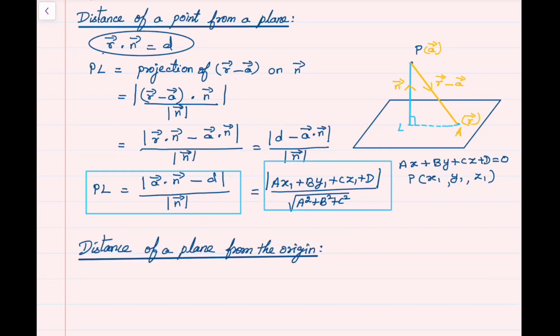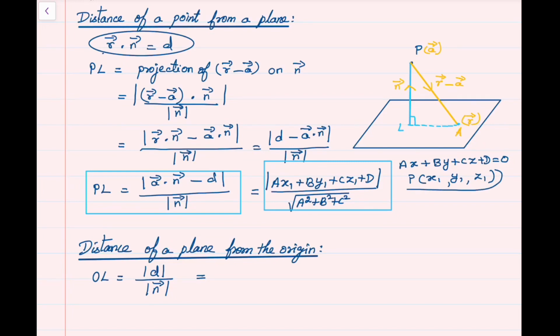Now let us write the formula to find the distance of a plane from the origin. So that will be distance OL. P point is the origin in this case. Vector A will be a 0 vector. So the first term becomes 0. We get modulus of d divided by magnitude of vector n. This is the vector formula and the Cartesian formula.